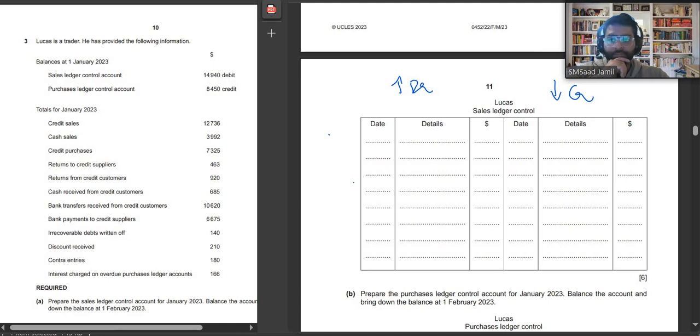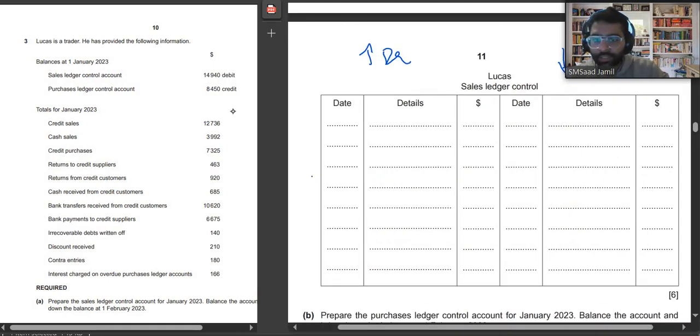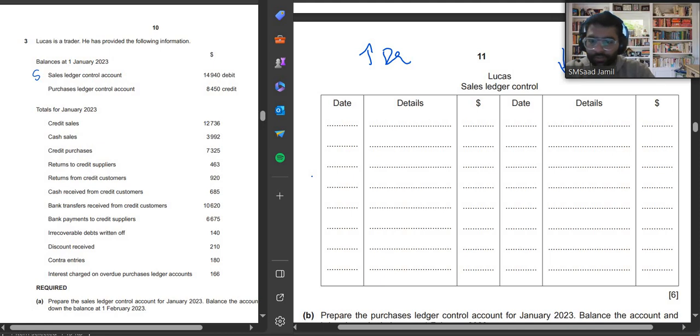All right. So now on this side, we will mention the things that will come in our sales ledger control account. So for example, credit sales, this will come in our sales ledger control account. So let me write an S over here, because sales, it will come in our sales ledger control account. Credit sales will also come in our sales ledger control account. Cash sales will not come anywhere. Okay.